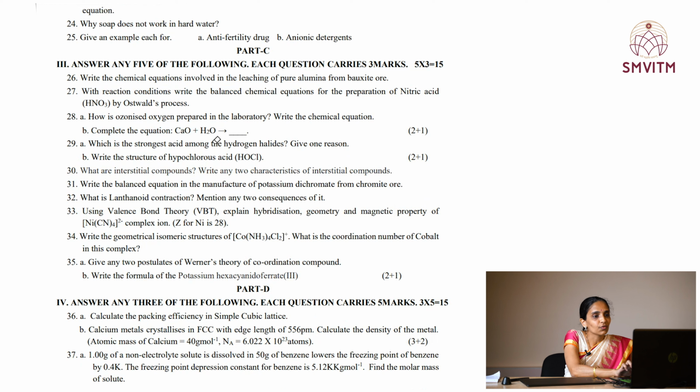Then part C of the question paper has got 3 mark questions. These come only from the inorganic chemistry part of your syllabus. You know the chapters that are included in inorganic chemistry.